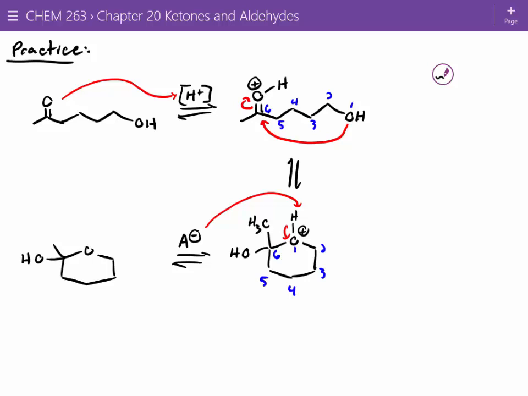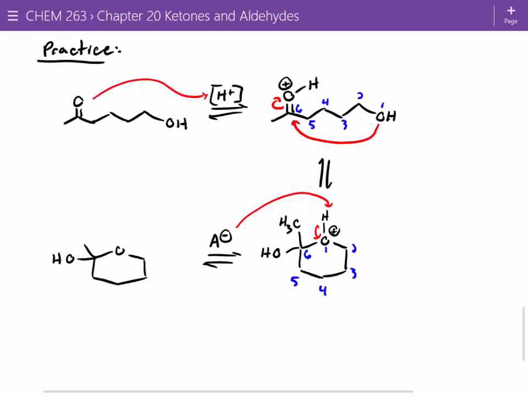All right, so now the question is, is this an acetal, a cyclic acetal, a hemiacetal? What sort of functional group would we call this final product? Did the alcohol have the capability of adding in twice?